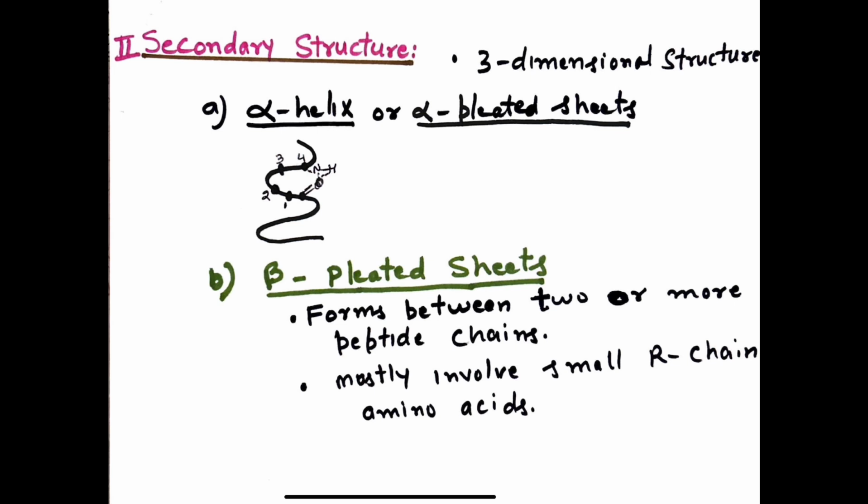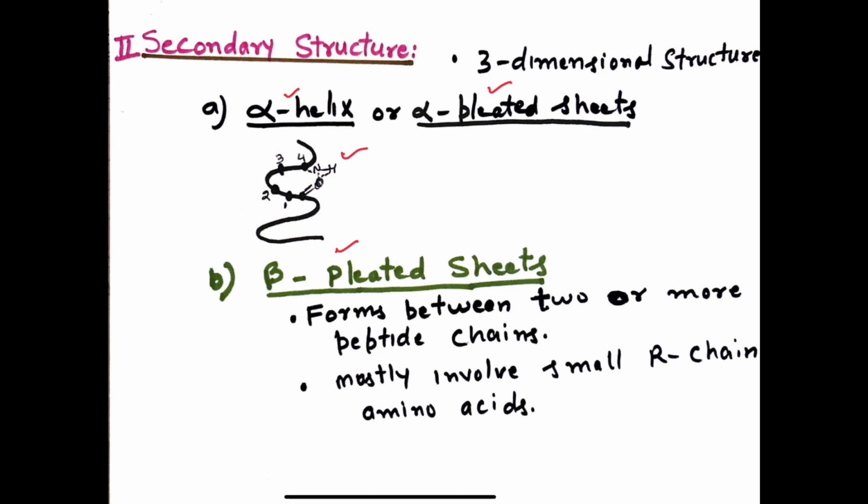One is called alpha helix, and second is called beta pleated sheets. And alpha helix is also called alpha pleated sheets. They have a structure like this, a spiral type of structure.